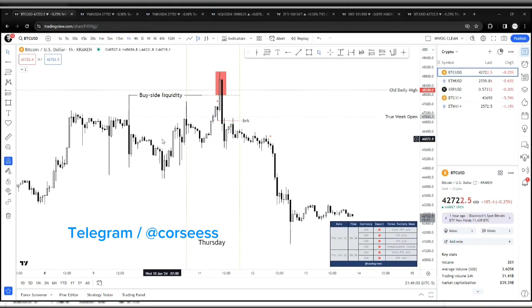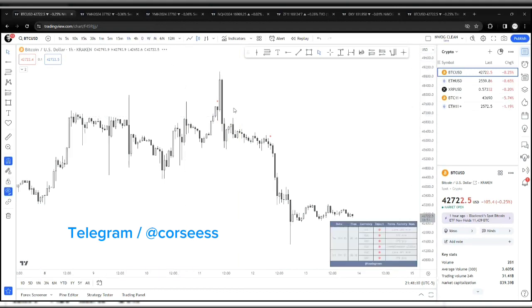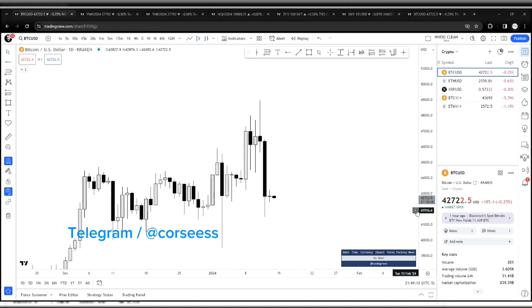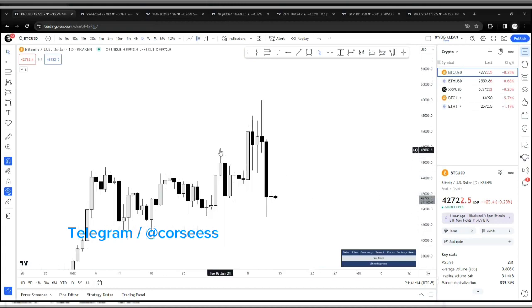I had anticipated that price would run above this liquidity right here and this liquidity right here, right?